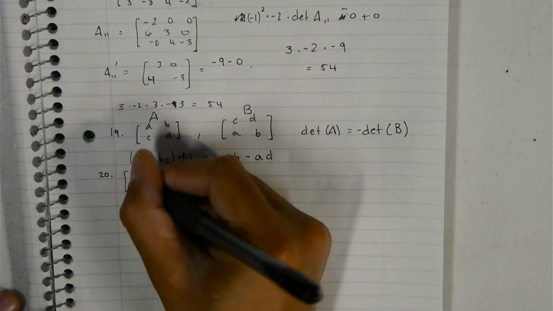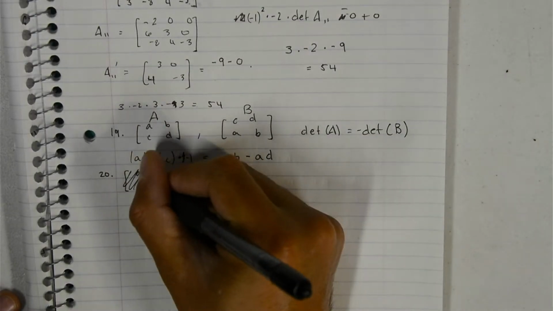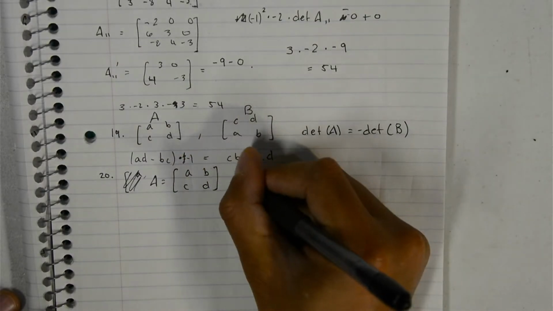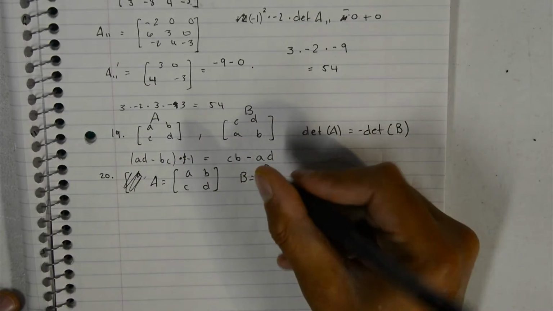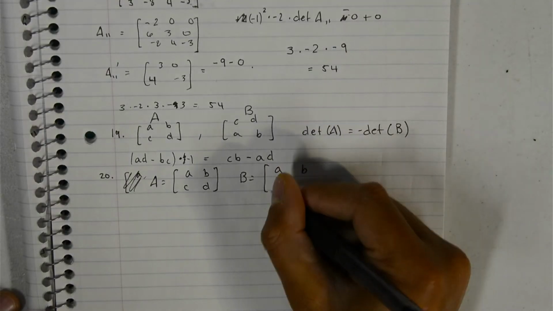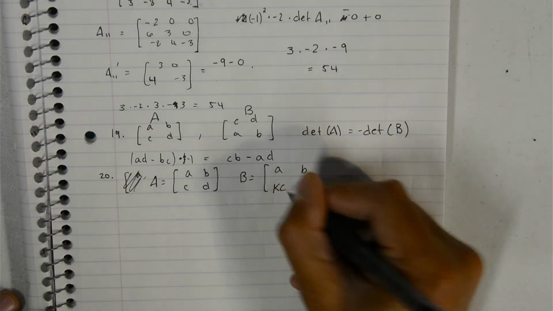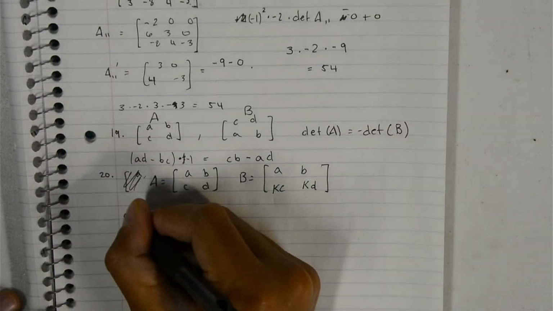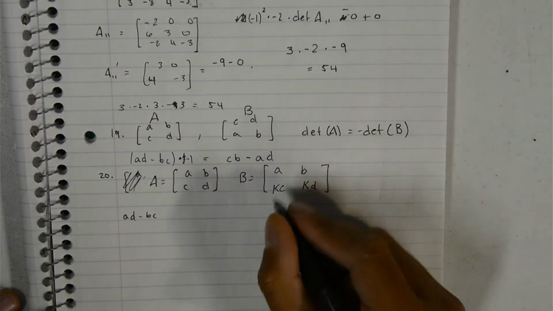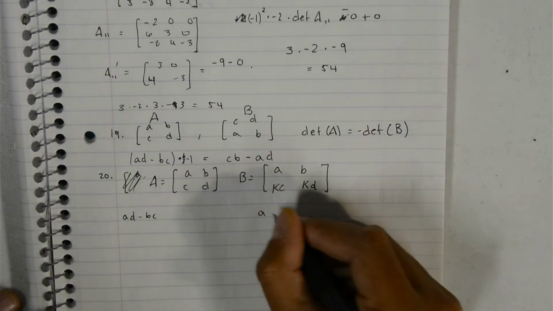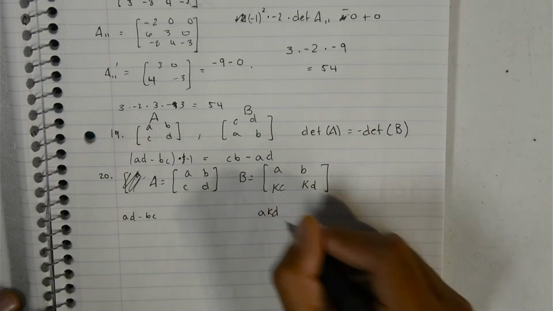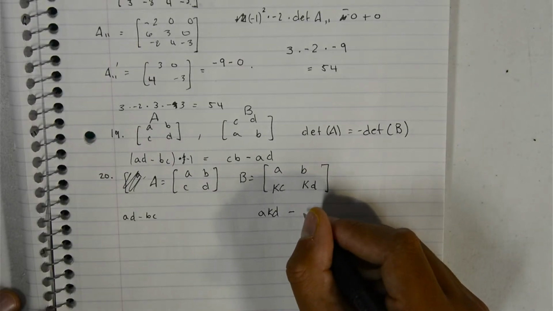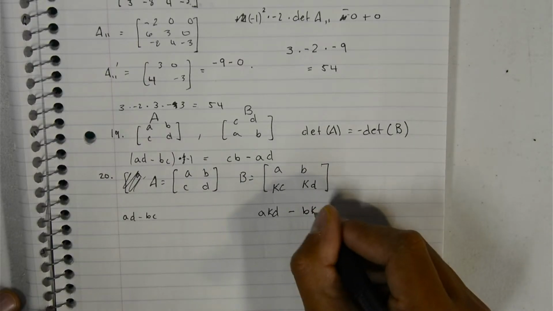For 20, we have A is equal to A, B, C, D. B is equal to A, B, K times C, and K times D. All right, so we're going to get AD minus BC again, and then we're going to get AKD minus BKC.